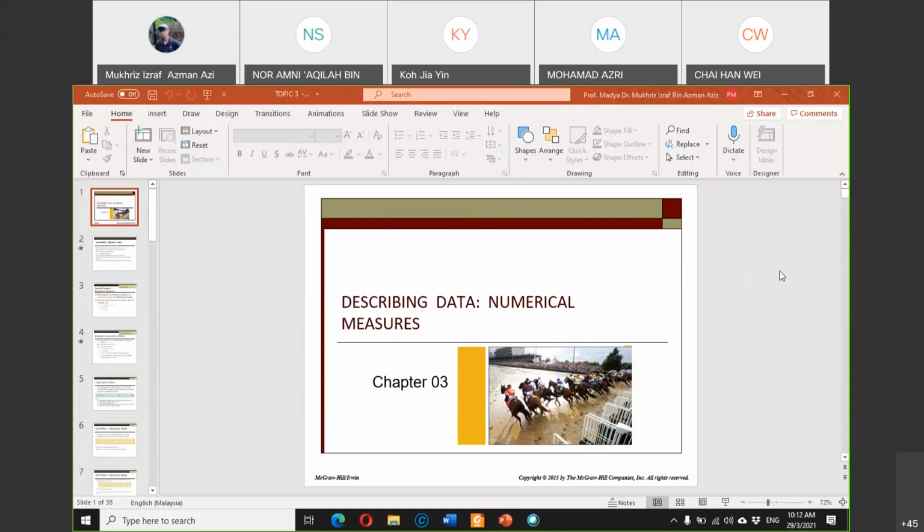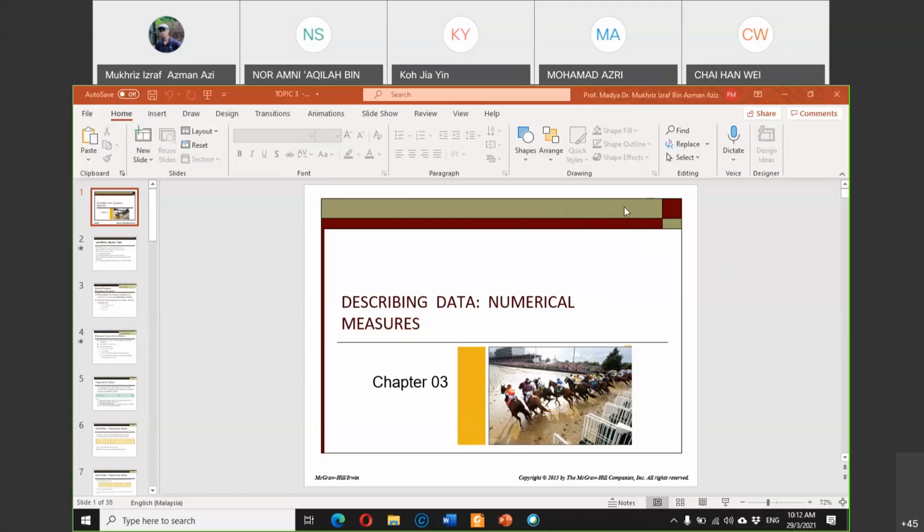I'd like to mention today so that you will keep in mind for the rest of the semester, what you learn in chapter 3 will be used throughout the rest of the syllabus, especially the calculation of mean, standard deviation, and also variance.